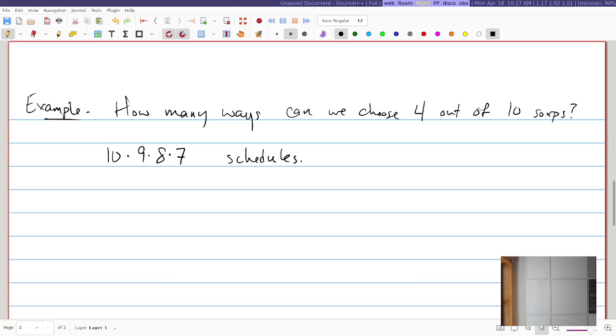So, if I pick 4 particular soups, and I put them in some schedule, if I just keep those same 4 soups, I can put them in any order that I want, and those will all be the same. So the question is, if I have 4 soups, how many different orders can I put them in? So what do you think?